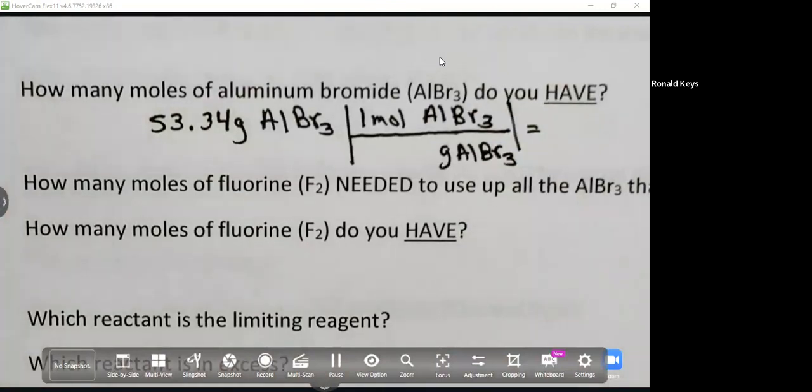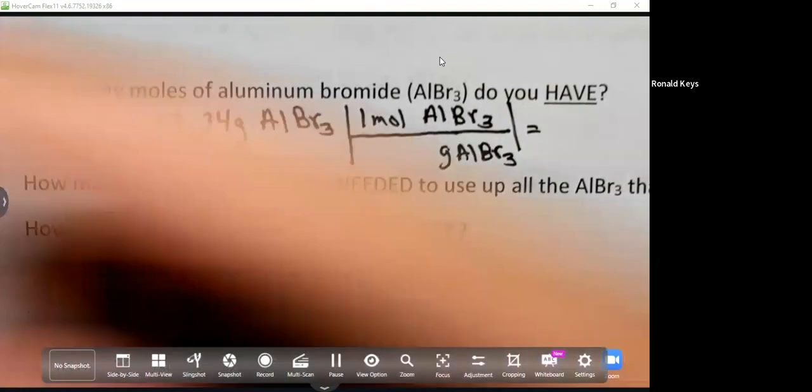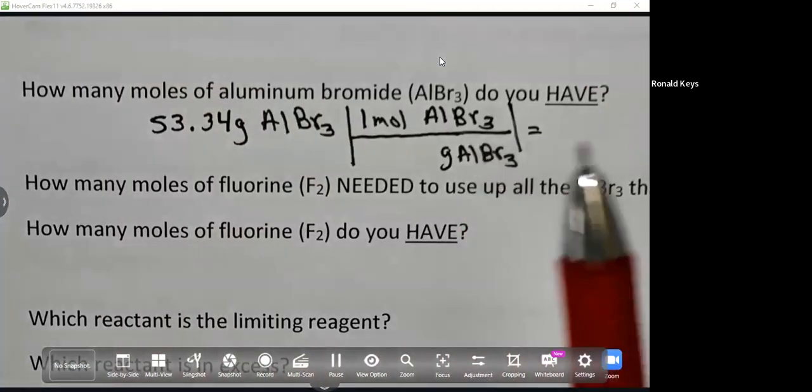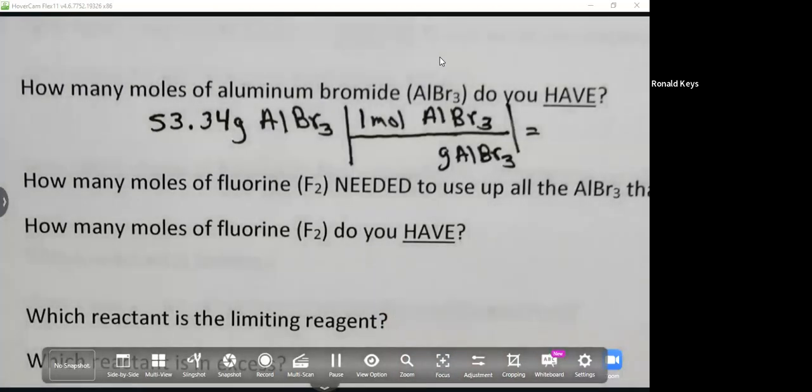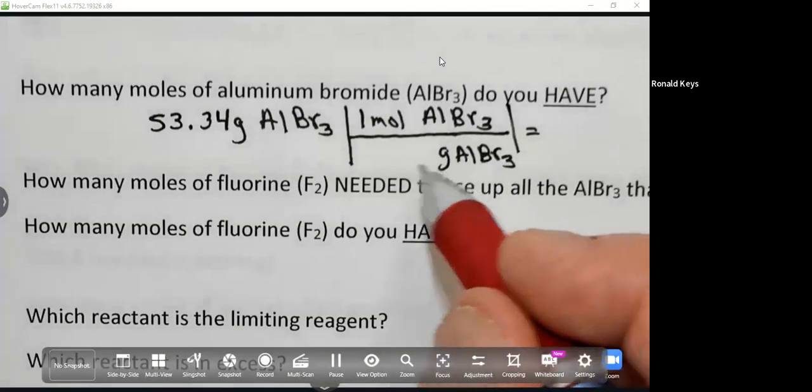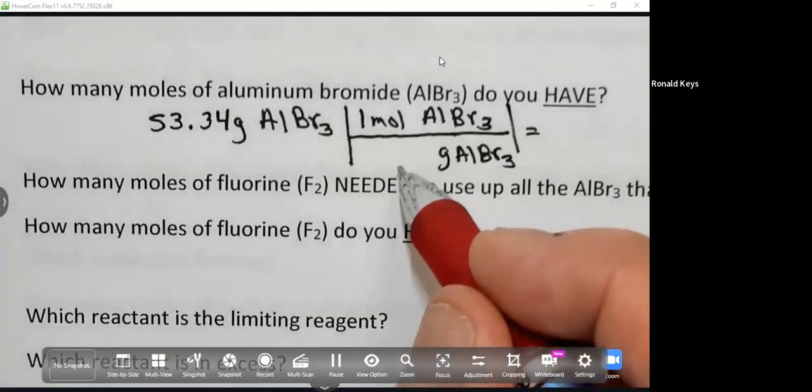Grams to moles, moles to grams. Everybody's calculated this out? 266.68.